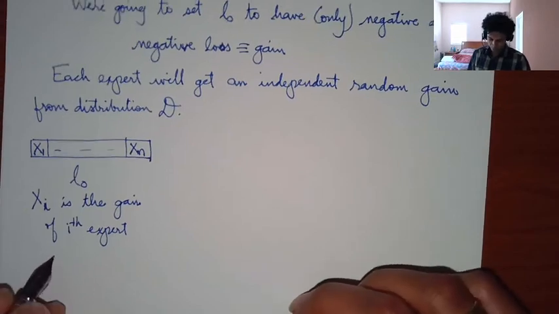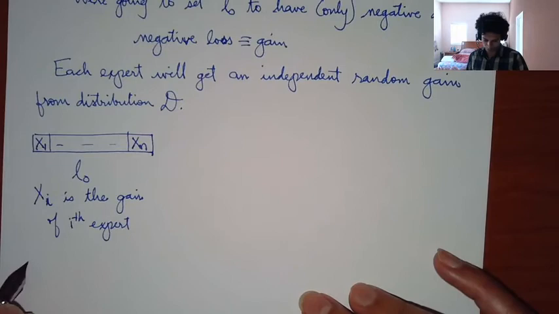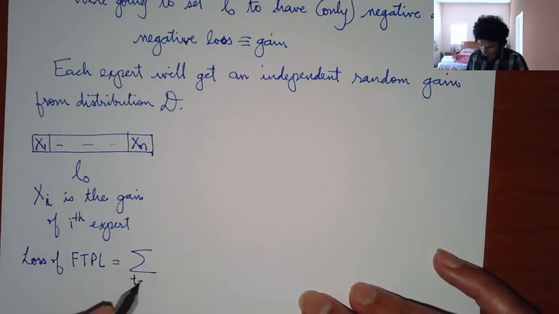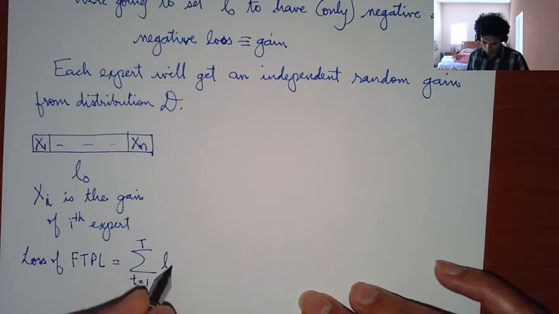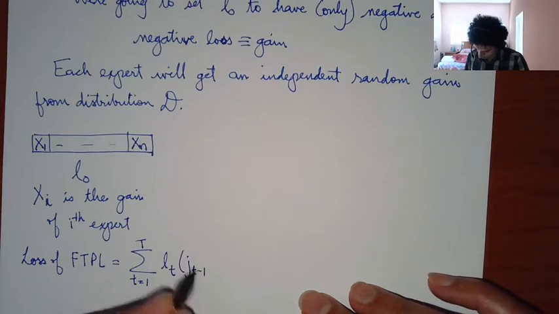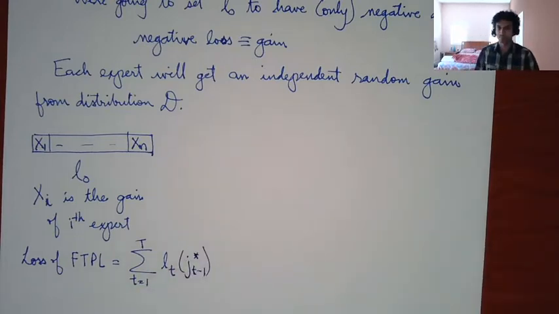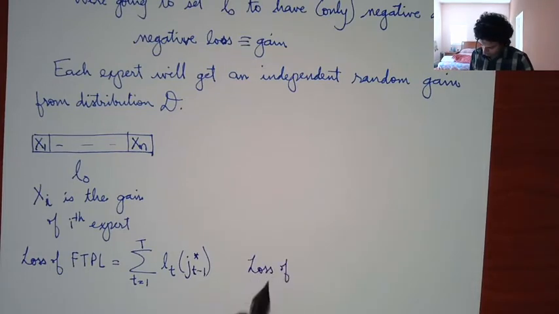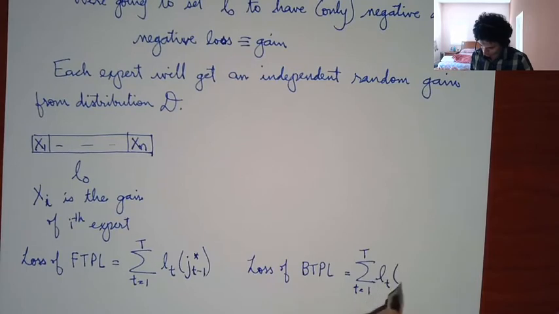Okay. So let's look at, okay, so I'm going to sort of draw some stuff here, but let's first look at what is the loss of Follow-The-Perturbed-Leader. So this is the sum of t going from 1 to capital T, LT of J_{T-1} star. Right? And we have loss of Be-The-Perturbed-Leader being t equal to 1 to T of LT of JT star.